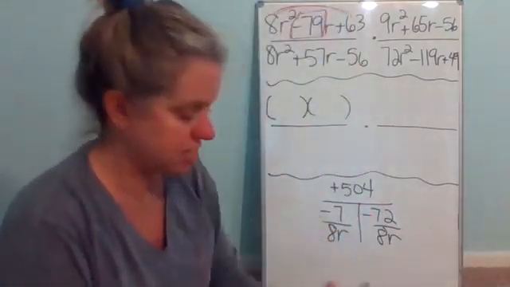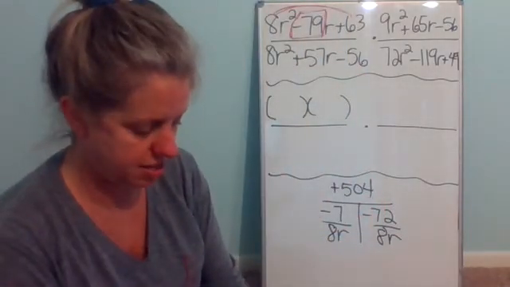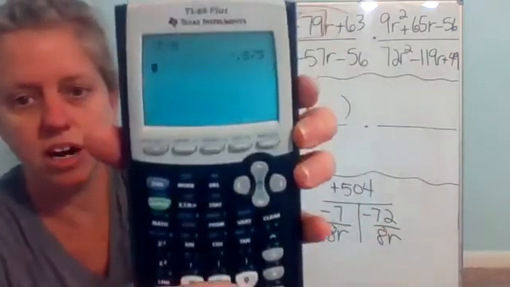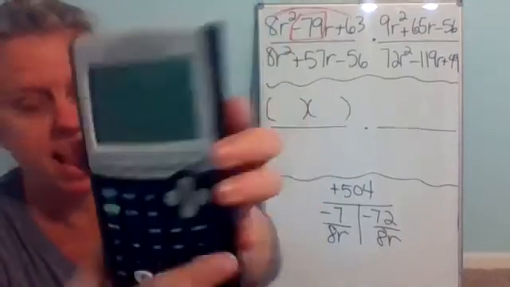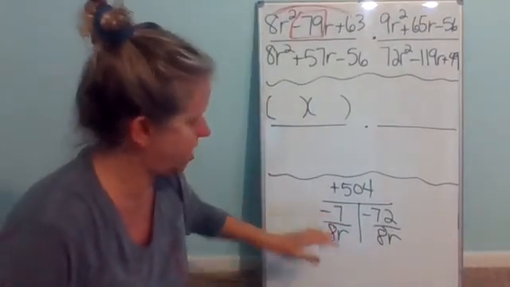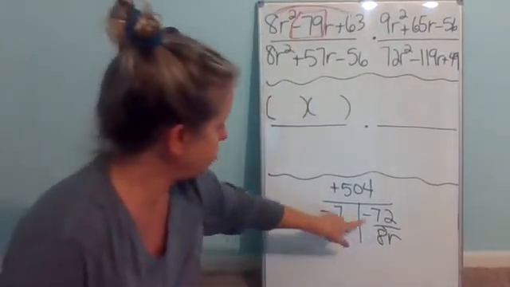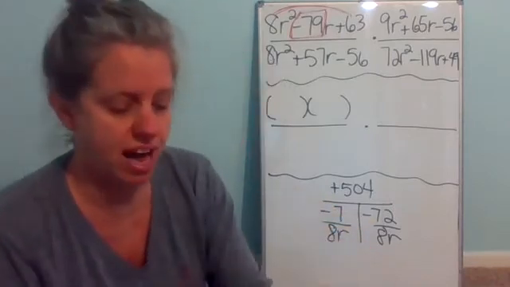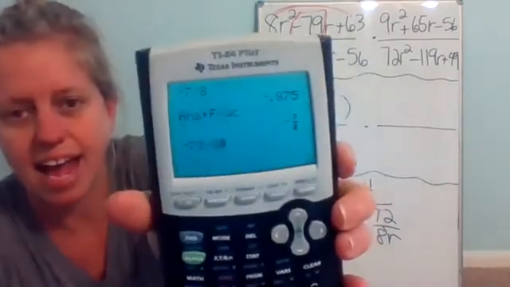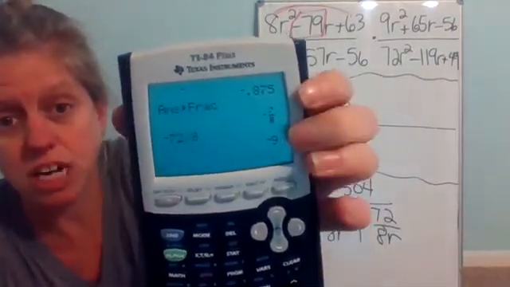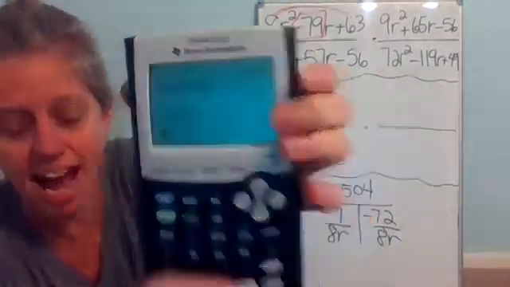So I say negative 7 divided by 8. Enter, then math, enter that, negative 7/8, which means this one doesn't change. What about this one? Negative 72 divided by 8. So negative 72 divided by 8 tells me I do need to reduce that to negative 9.